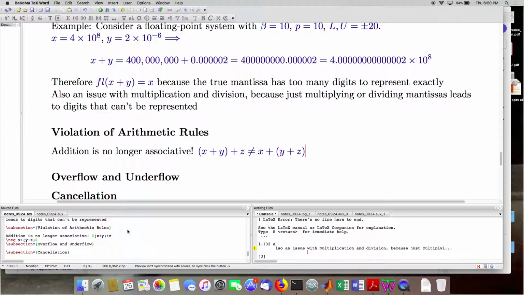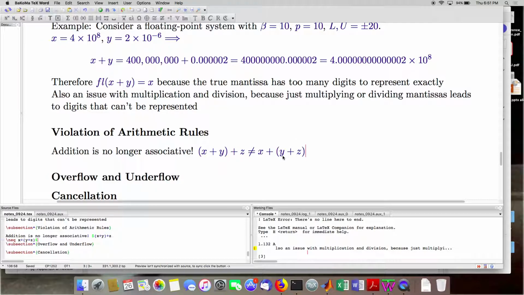Here it is not the same. All right. Commutativity still holds, but not associativity. Because each operation is going to introduce some error, the order in which the operations are performed matters. Again, consider the case of x, y, and z varying widely in magnitude. I just showed you an example where x plus y in the system turned out to just be x.